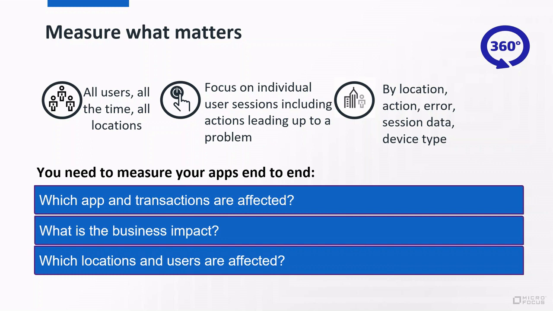If a transaction takes 10 seconds, the customer keeps waiting, and that has an impact. Then location: suppose the servers are in Japan and you are accessing from the US. You can create location-based user groups, and measure which locations' users are impacted.